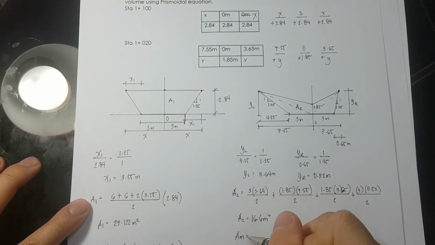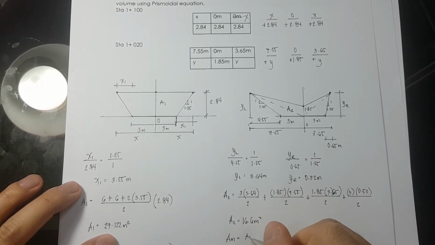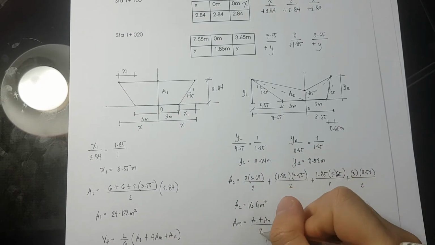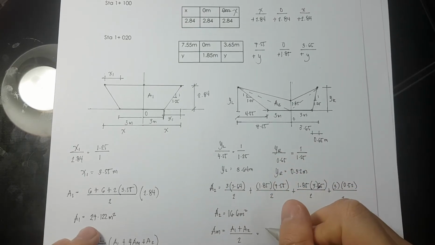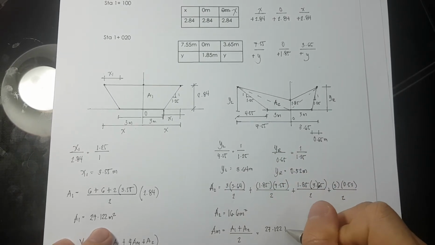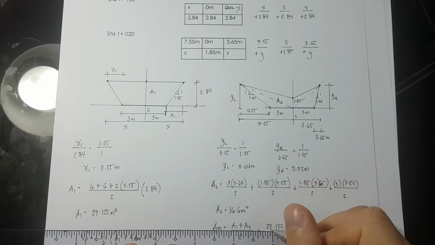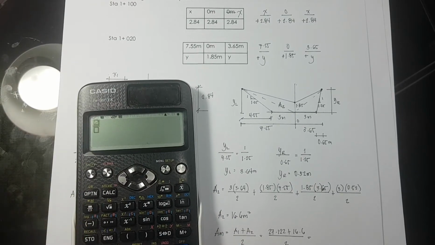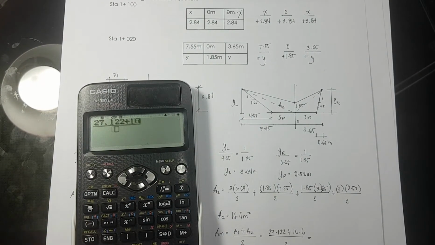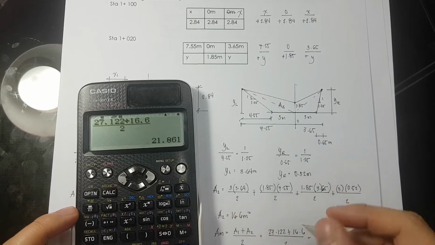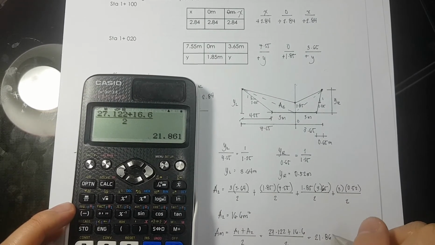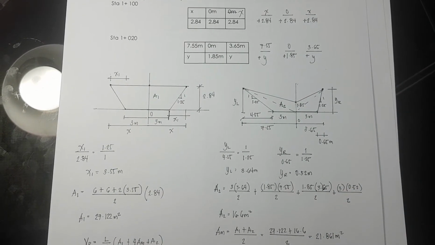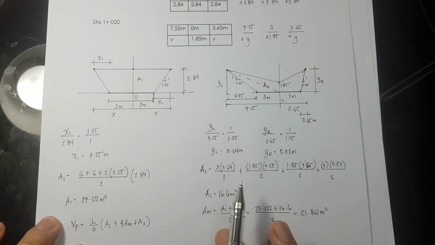So area middle is equivalent to area 1 plus area 2 divided by 2. And that is equivalent to 27.122 plus 16.6 divided by 2. And that is equivalent to 21.861 square meters. Okay?